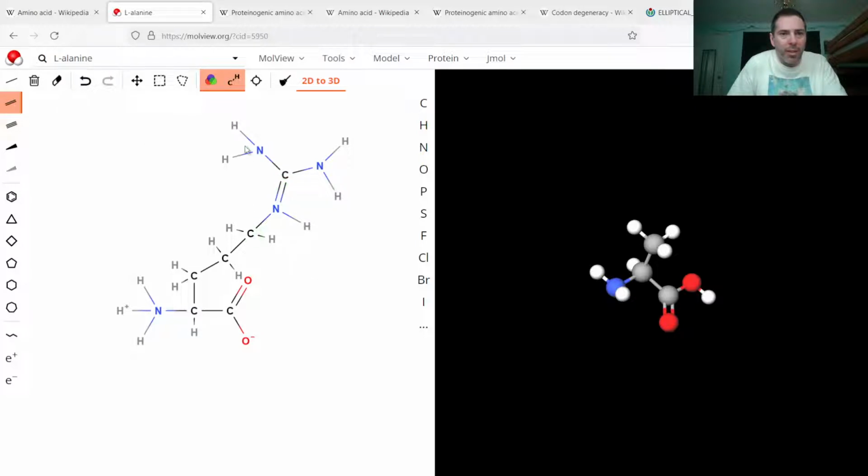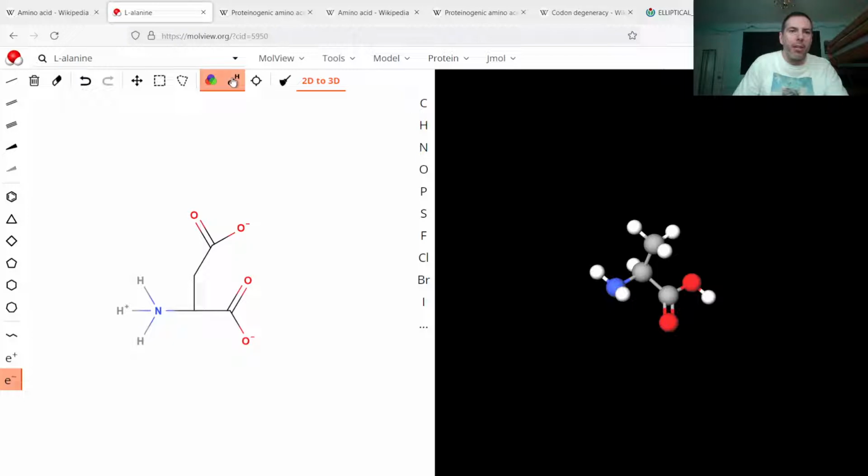Something like this, maybe. And now I'll draw aspartic acid. So here's negatively charged side chain aspartic acid.